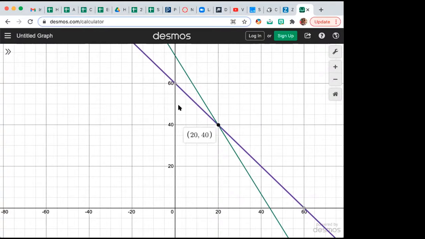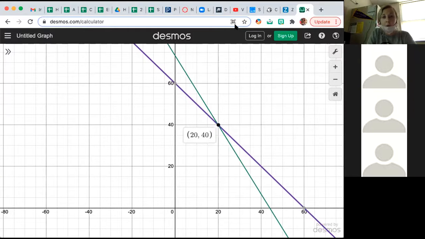Now y'all listen. 20, 40. 20 is the x, right? Wasn't the x the large or the small? The large. So how many large nachos did I sell? 20. The y was the, so how many small nachos did I sell? Very good. That's your answer.